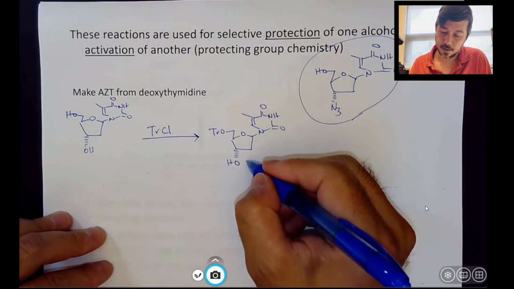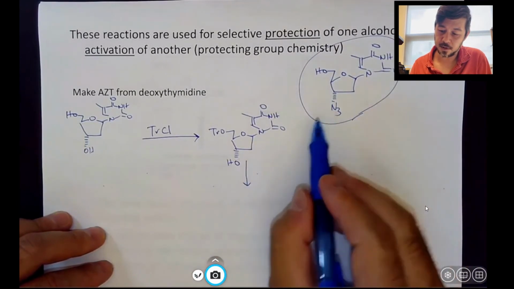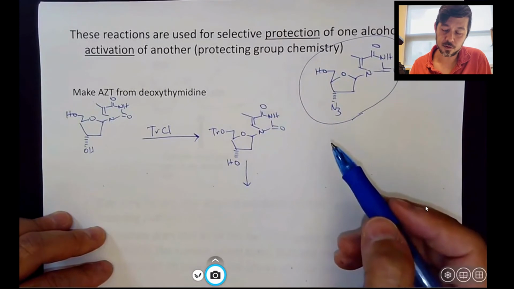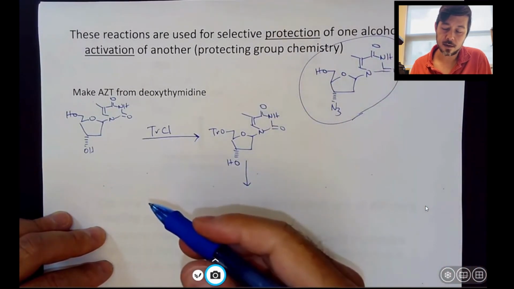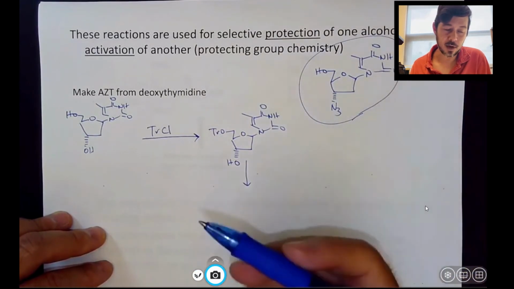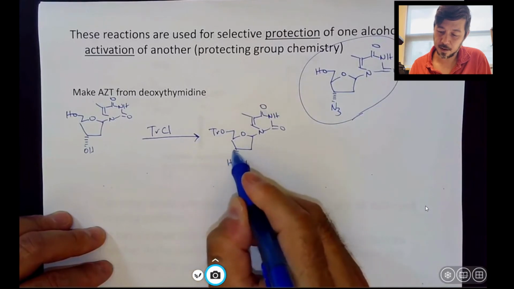At this stage, we need to add an azide here. There's a couple of different ways to do this. I'm going to show you the more classical way that this has been done, and some pharmaceutical companies actually still use this method. So this is the desired electrophilic site.